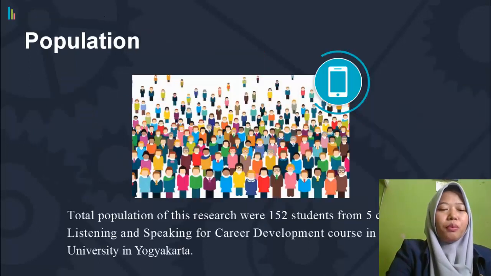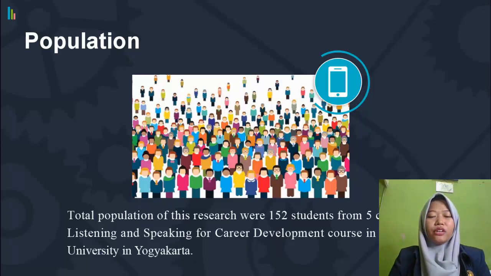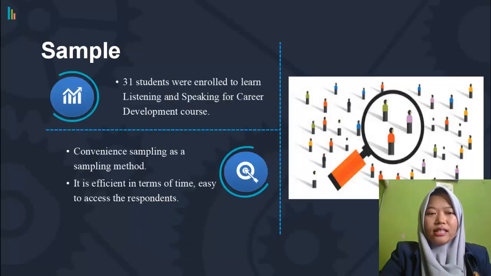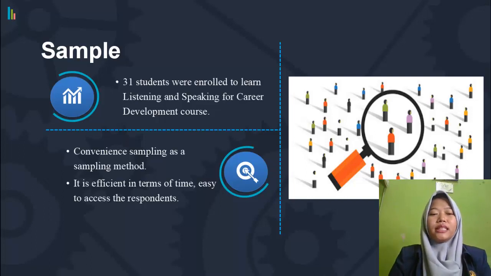Then, population. The total population of this research was 142 students from 5 classes in the listening and speaking for career development course in one of the private universities in Yogyakarta. Next, sample. The total sample of this research was 31 students who were enrolled to learn listening and speaking for career development course.